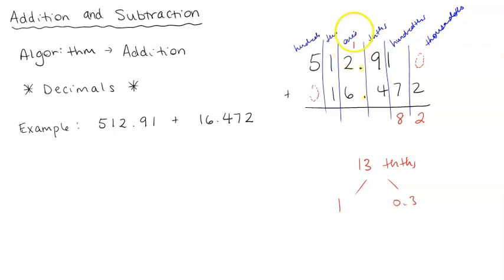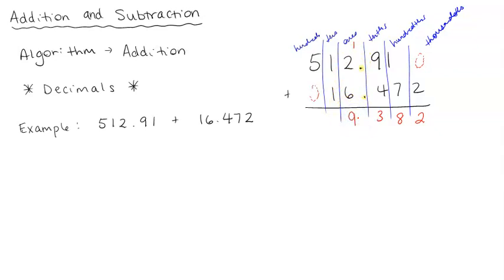So the 1 goes in the ones column and the 0.3 stays in the tenths column. So just like before with the other questions without the decimal place, we are carrying our number up to the next column. So now I have 1 plus 2 is 3 plus 6 gives me 9.